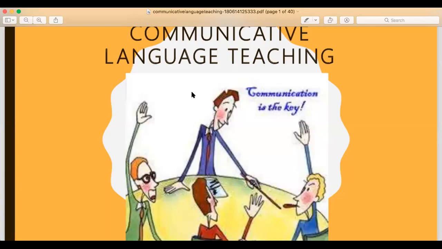All of those functions should be performed by language, and if the language is not performing those functions, there isn't any use. And if a language learner is unable to perform those functions through the use of language, then also there doesn't seem to be any use of language learning. And again, in our scenario, we are talking about English as a second language.